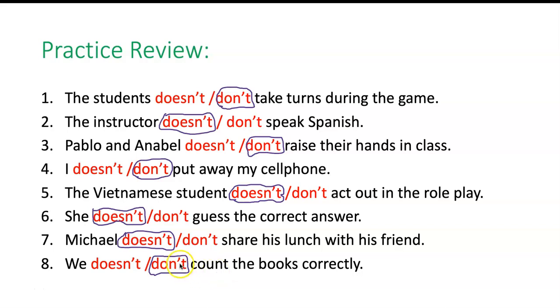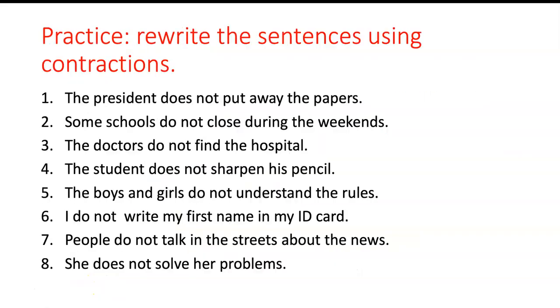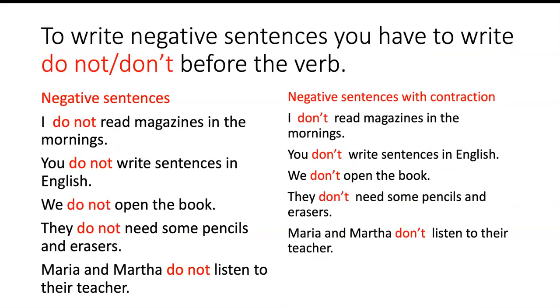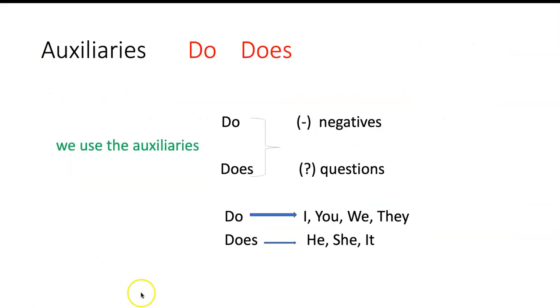Okay, so if you have it this way, perfect. If you did it wrong, you only have to come back to this slide here and remember this part. You use the auxiliary do with I, you, we, they, and you use the auxiliary does with he, she, it.